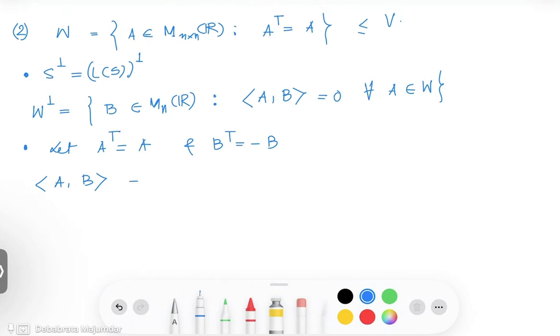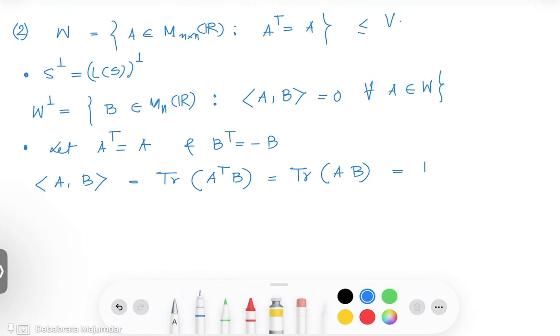So basically this is trace of A transpose B, right? So what is A transpose? A transpose is basically A, right? Because A is symmetric.